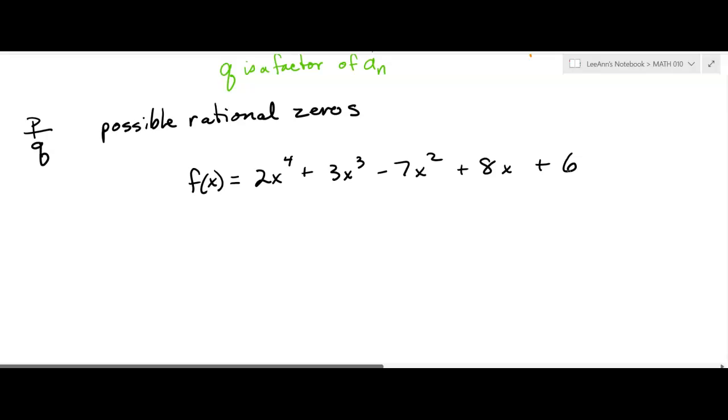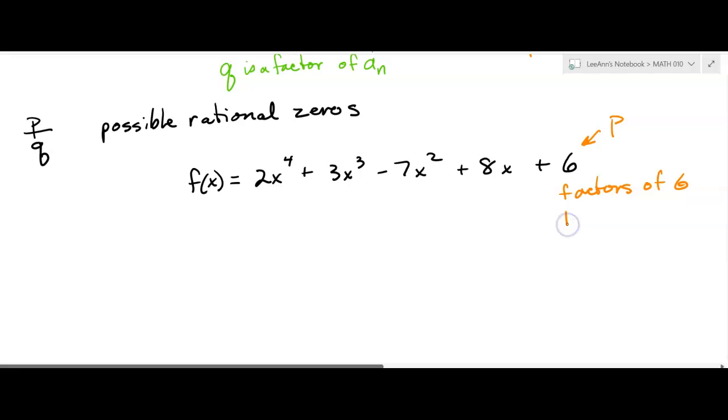And you want to find the zeros for that polynomial. It's kind of long, right? Like you're not going to be able just to guess them. If you tried all the numbers, that would take like a long time. So what we're going to do is we're going to look at P as factors of 6. So factors of 6, what do we mean by that? Any number that will divide evenly into 6.